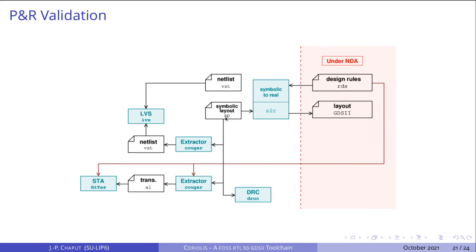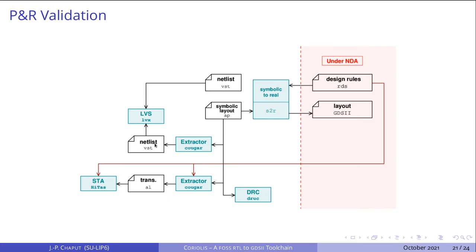The second verification is to check that the layout is indeed the design that you wanted to do. To do so, we need an extractor which will read the layout and rebuild a netlist from the layout.